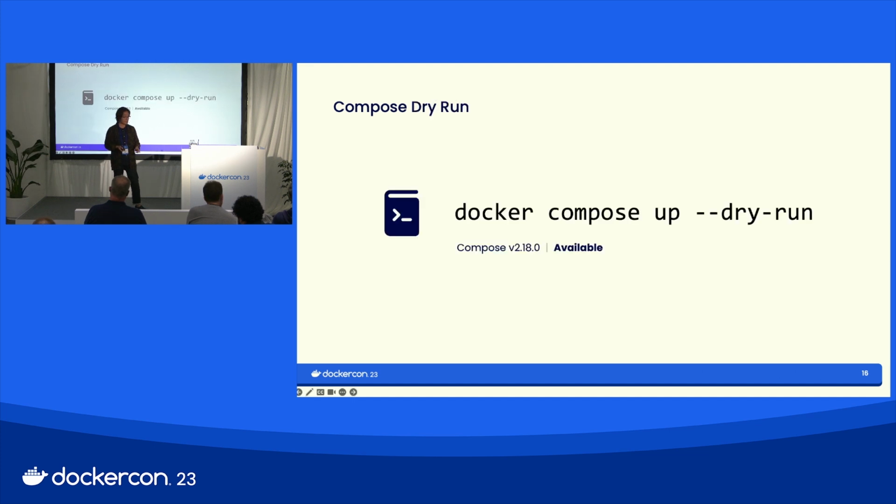So I want to talk about dry run as well. You just run docker compose up with the flag --dry-run, if you want to be able to see what would happen for any given command that you would do. This has been available for a little while. We made sure that this is feature complete: pretty much anything that you can do inside Docker Compose, you can do as a dry run.